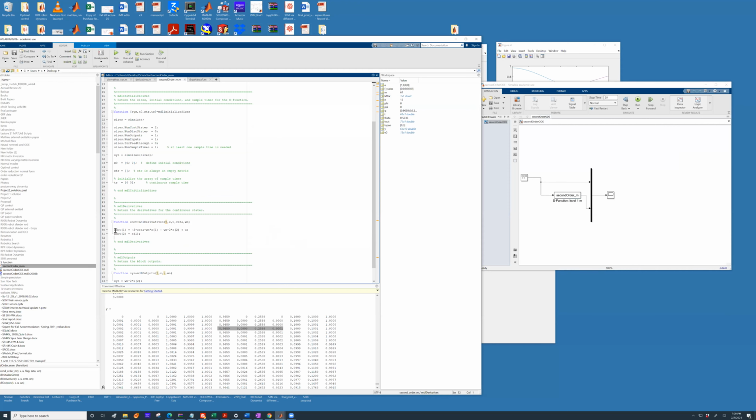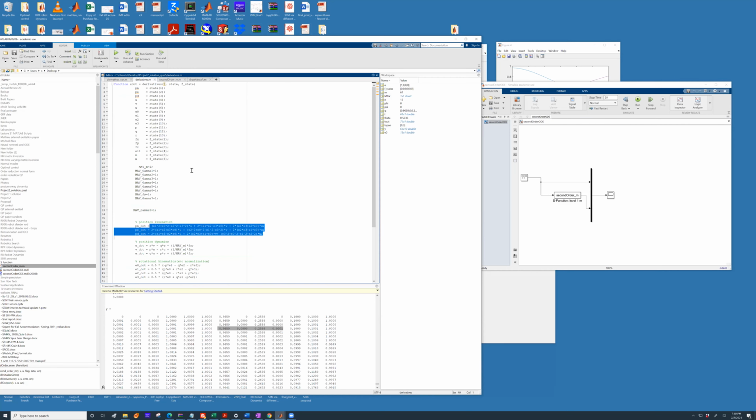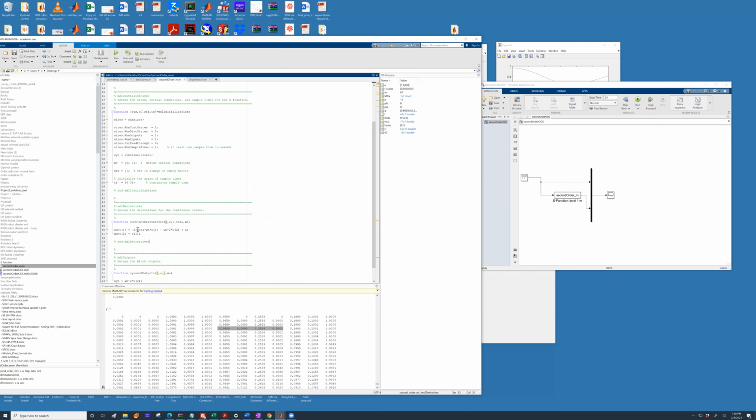You may see that this function has the derivative on the left hand side and the states on the right hand side. This is exactly the same as the derivatives.m function, where you have the derivatives, Pn dot, on the left hand side and the states on the right hand side.